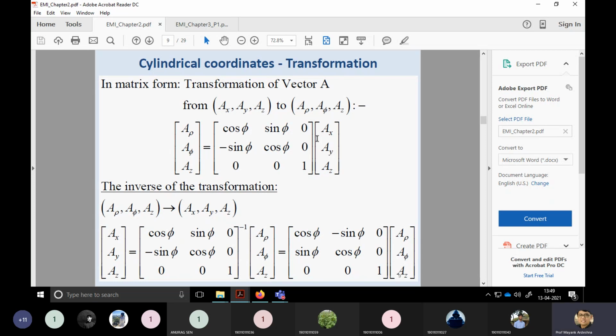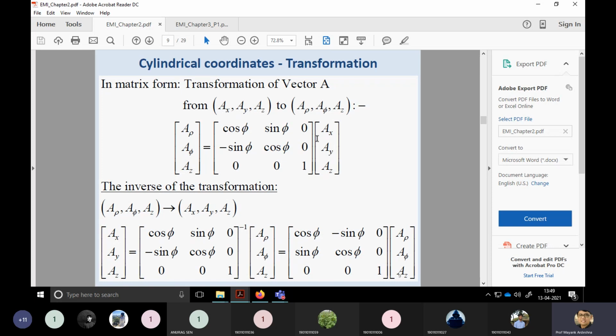Most of you completed this part. Up to this point you are using the matrix, which is right. You multiply it: x plus z into sine phi, which is also right. But see the value x plus z. X is basically the Cartesian coordinate, and they are asking to convert to the circular cylindrical system. So what you have to do is put x equal to rho cos phi.